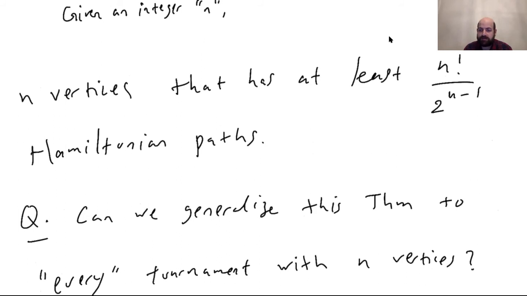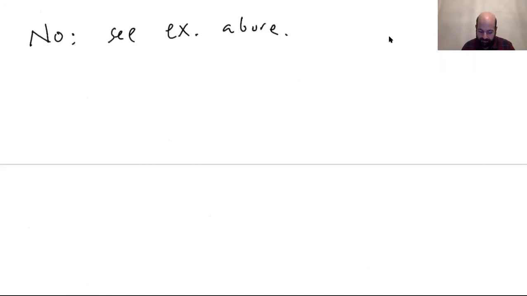So that means we cannot say that every tournament with n vertices has at least this many Hamiltonian paths, because for the example above with 5 vertices, the tournament did not have at least this many Hamiltonian paths. It only had 5 Hamiltonian paths.